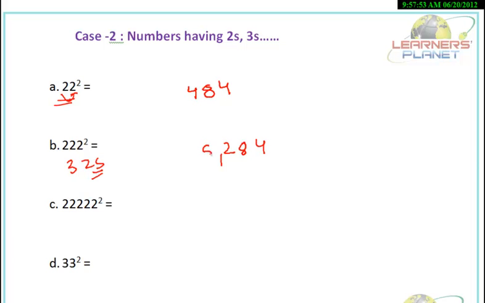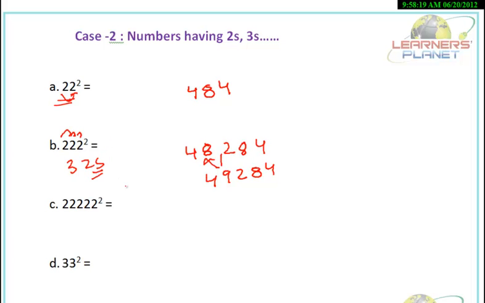Then further 4 2's are 8 and then 4 1's are 4. So in the next step 4, 8, 2, 1 and 8 will be added. So we'll be getting 9 and then 4. So it's 49284.